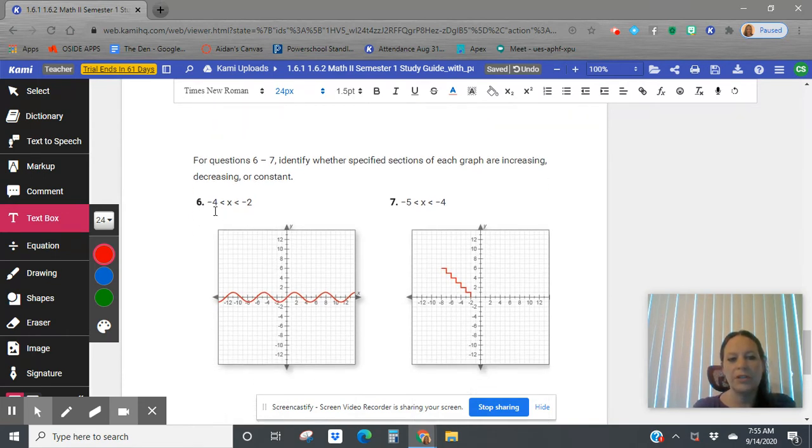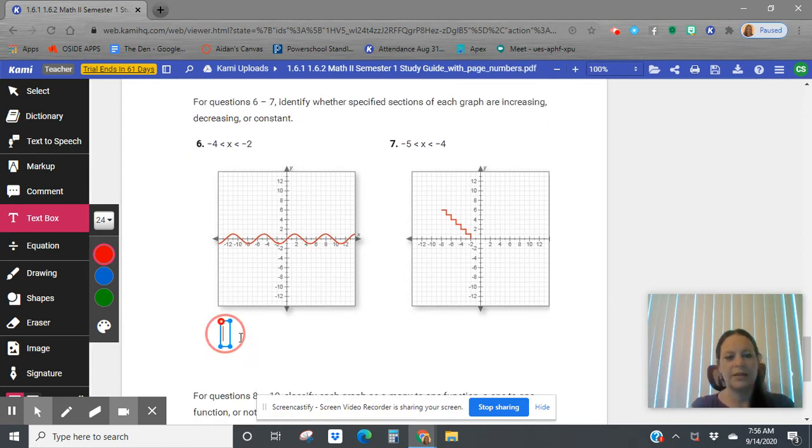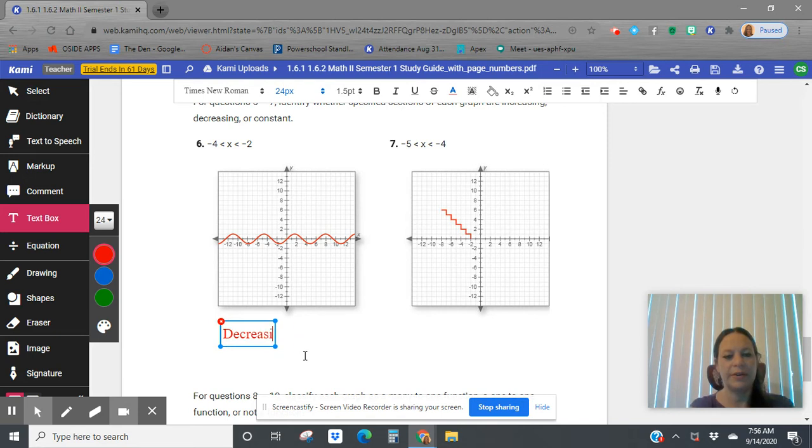This only wants to know about the section from -4 to -2. So just right here, this little tiny section, from -4 to -2, notice that that is going down. So we're going to say decreasing from -4 to -2.